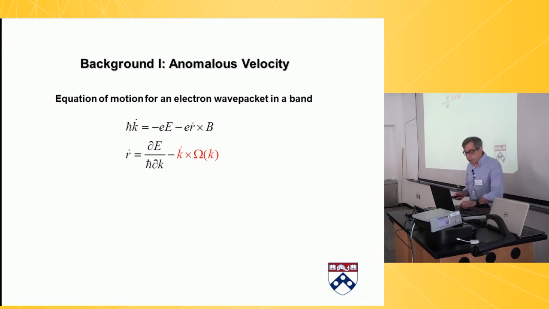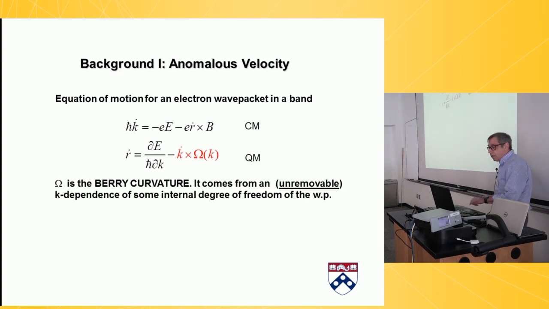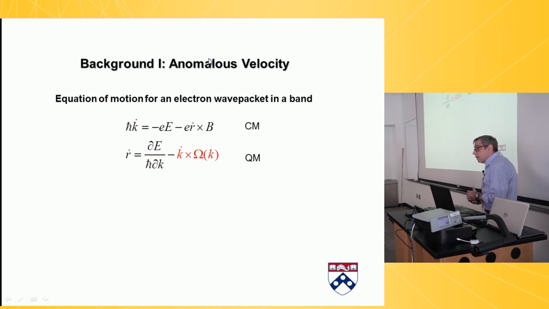Roughly speaking, the way to think about this is the first line is just classical mechanics. You got a particle, it's charged, it moves in a field. The second line is very much quantum mechanical. The fact that dE/dk is not just a simple velocity, but has the band structure encoded in it.